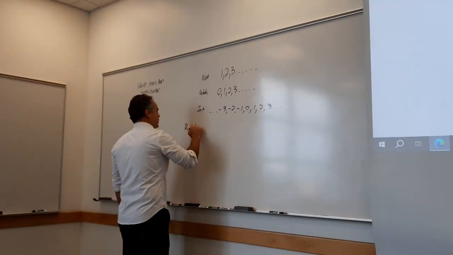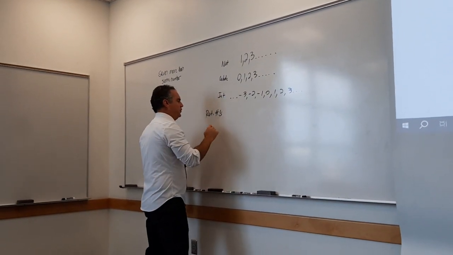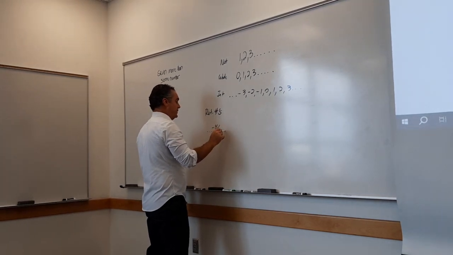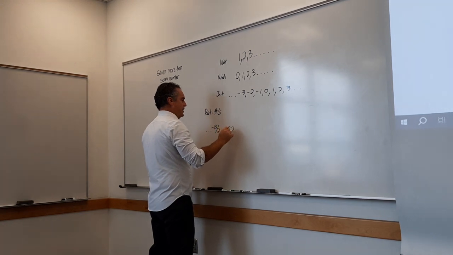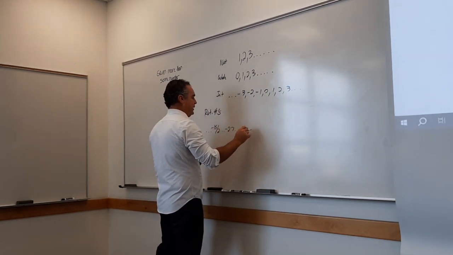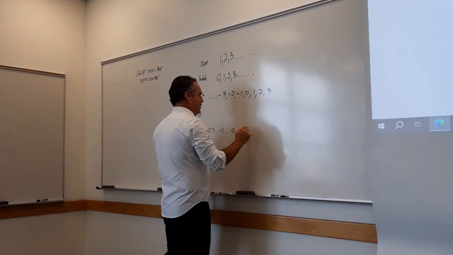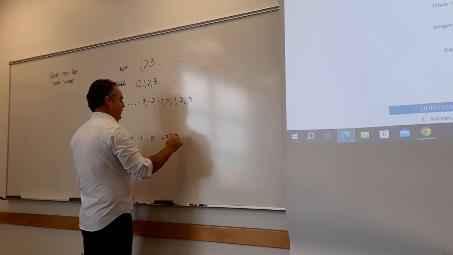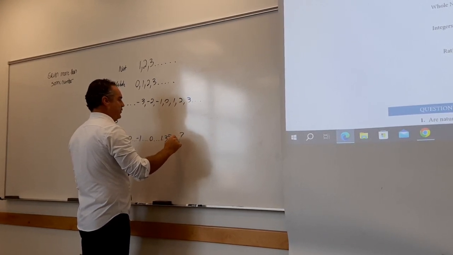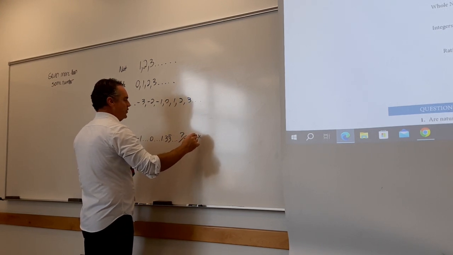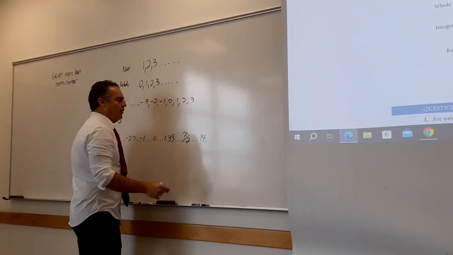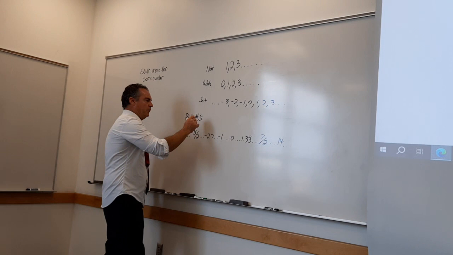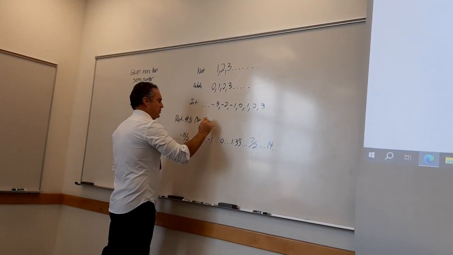And rational numbers include: dot, dot, dot, negative 15 over 2, negative 2.7, negative 1, 0, 1.33 with a bar over it, 7 over 2, 14, etc. So what we're saying here is that rational numbers include decimals and fractions.